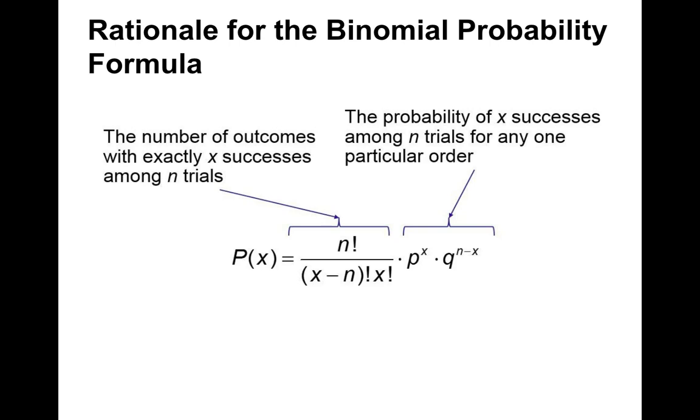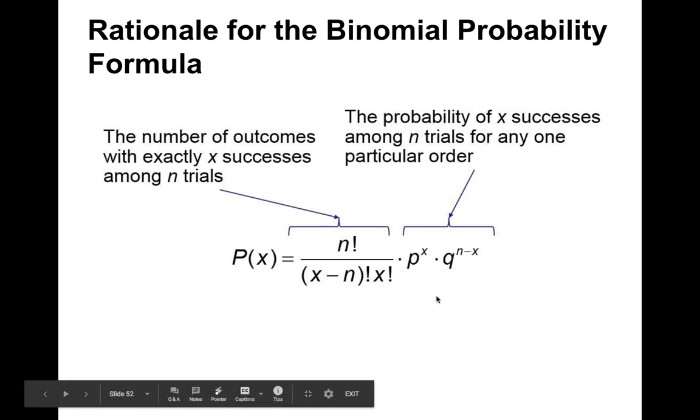So the probability of getting a success is p, so the probability we get success, success, success is p times p times p, in other words, p to the x. And then we have to get the remaining failures, where the probability of failure is q, so we have times q times q.